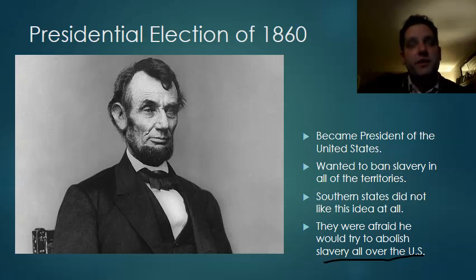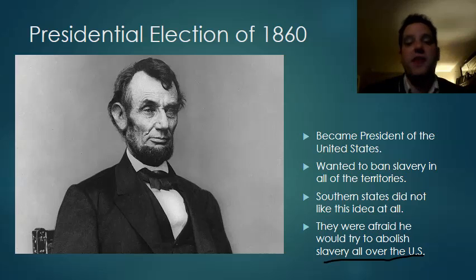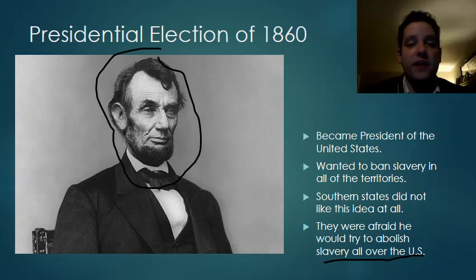So if he gets rid of slavery, what happens to the South? What happens to those owners that have all of that money and have all those people working for them? They're either going to have to start paying, or they're going to have to let them go. That's not going to be good for those people who are making a lot of money off of slavery. So they do not like this guy.